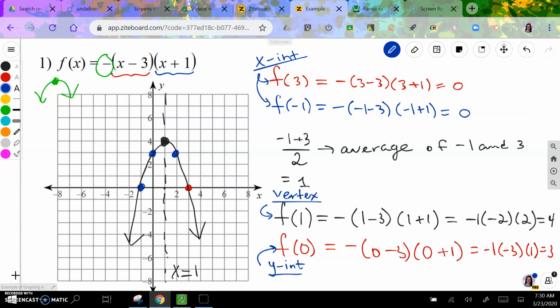We thought we knew them, and we just did the work to double check. And this lovely work here was to find the axis of symmetry.